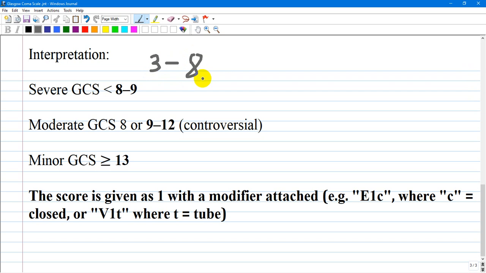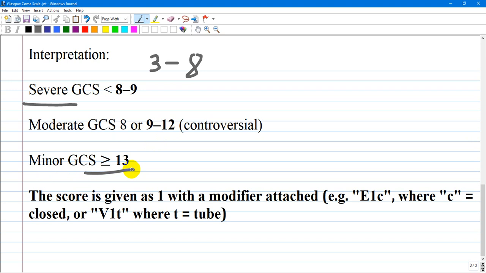Generally, brain injury is classified as severe at less than 8 points, moderate from 9 to 12, and minor at more than 13 points.